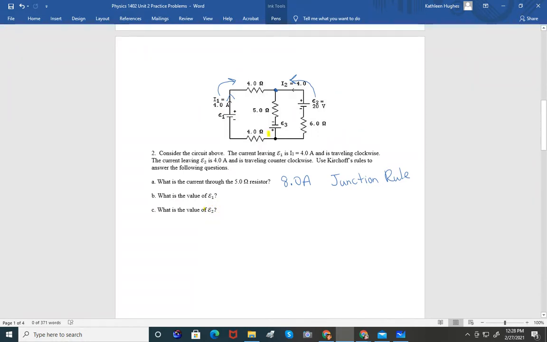That may have been what threw me. Let's find E3 first. So let's start right here, and we're going to go around this way. I'm going to start right at that point.